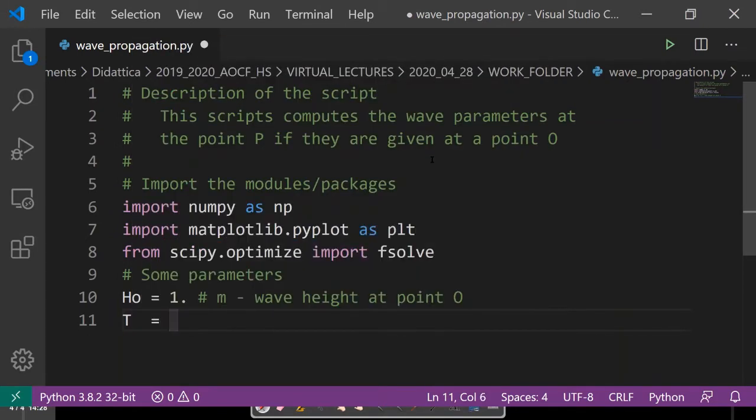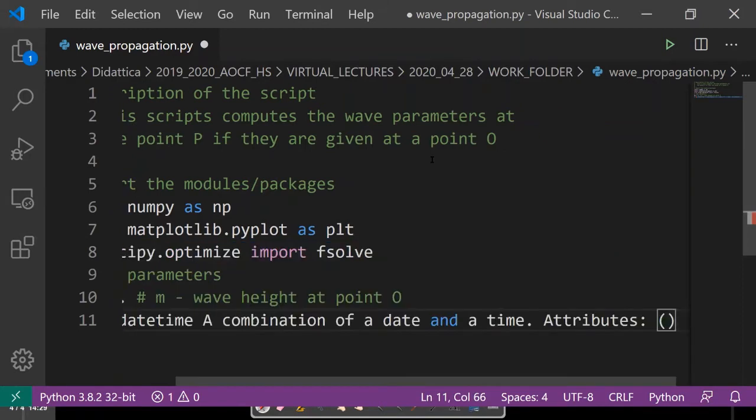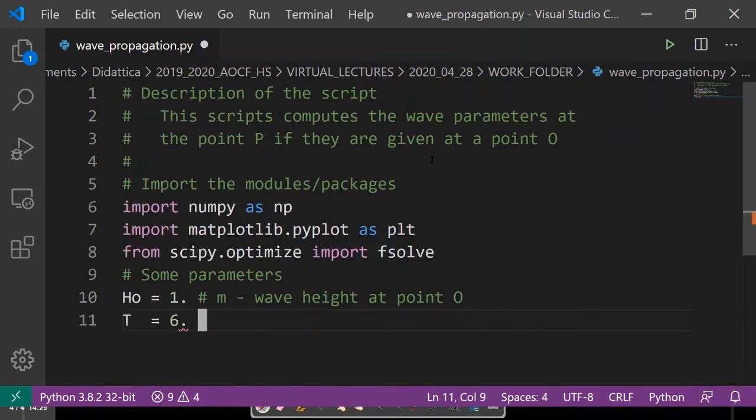Actually, the wave period is indicated by a T without the subscript O, because the wave period is the same both at the point located offshore and at the point located inshore. So we don't need to use any subscript. In this case, the period is measured in seconds, and this is the wave period at both points O and P.